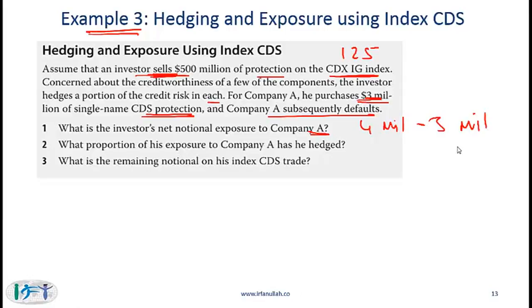So the net exposure is 1 million. What portion of his exposure to company A has he hedged? That answer is 75% because he has hedged 3 million out of 4 million. What is the remaining notional on his index CDS trade? If company A defaults and company A was worth 4 million, then the remaining notional would be 500 minus 4 million, which is 496 million.